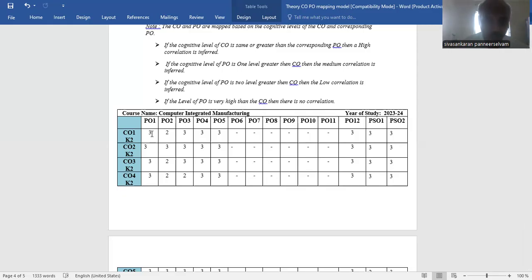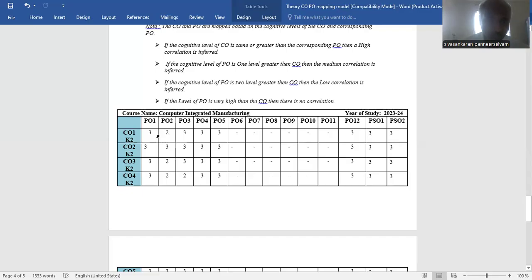The score values are rated as 1, 2, and 3. 1 means low correlation between the individual CO and PO. 2 means medium correlation, and 3 means high correlation. In this case, CO1 and PO1 are highly correlated, so the score is 3 out of 3.